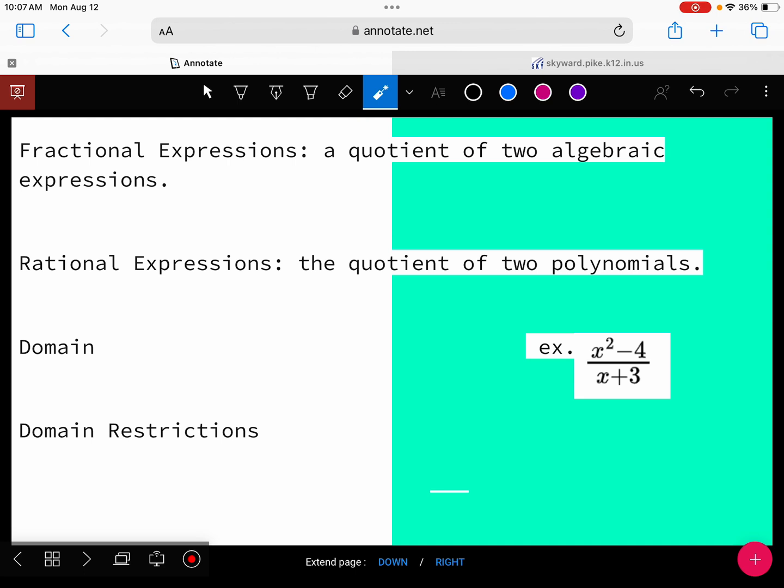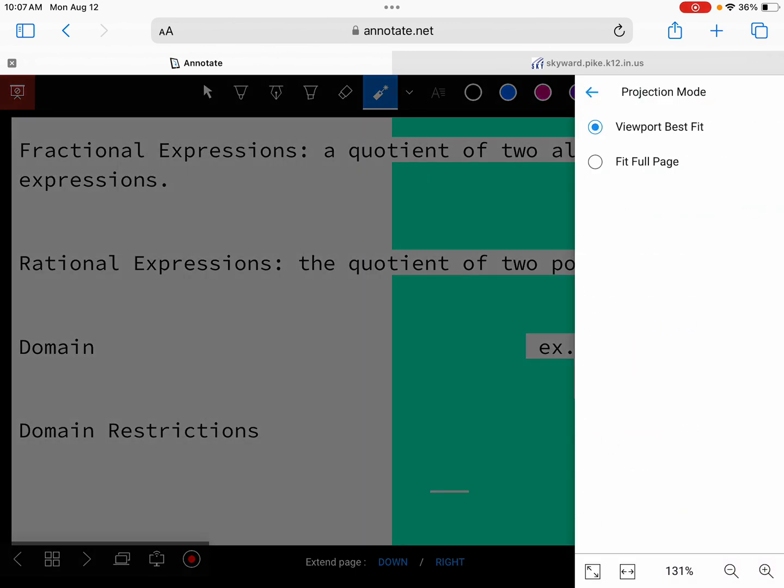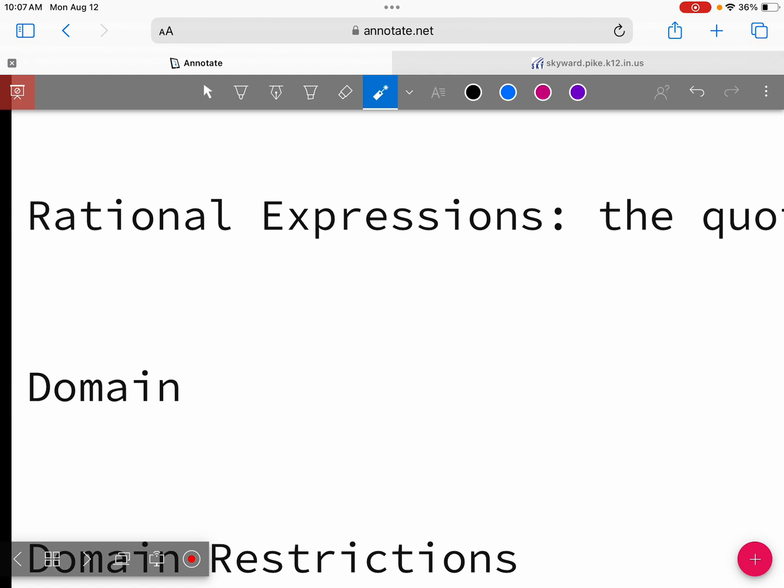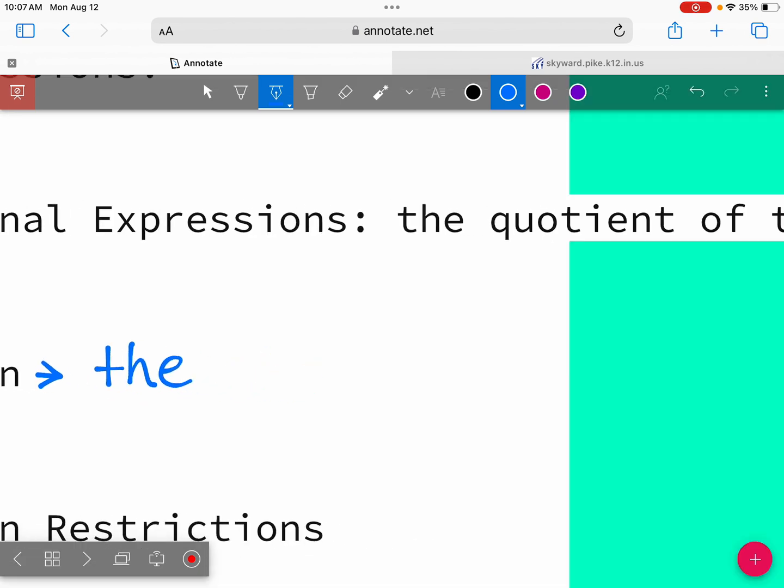We're also going to talk about domain, which means we need to remember what the heck the domain is. What is the domain when we're talking about anything mathy? Our x values. So the domain is the x values, or whatever our input.